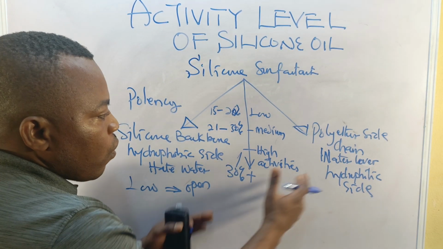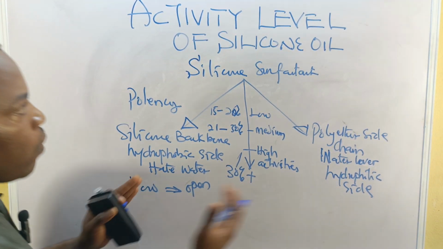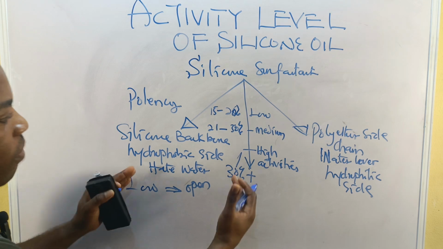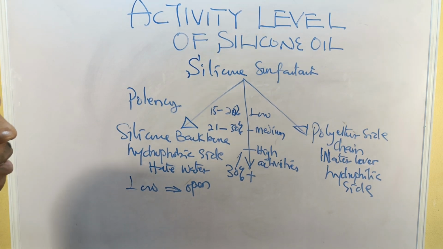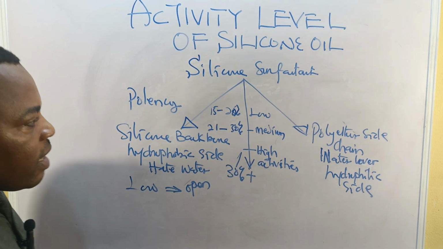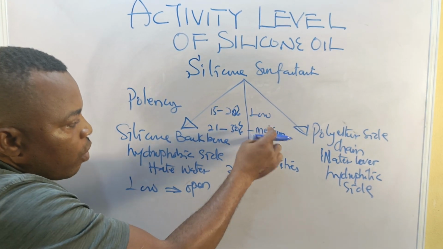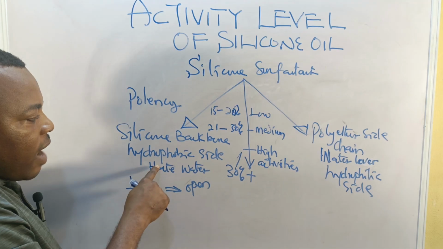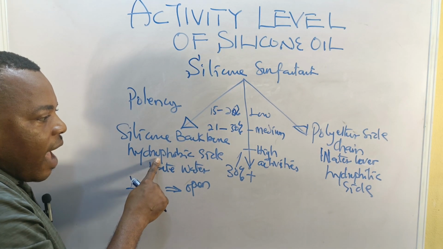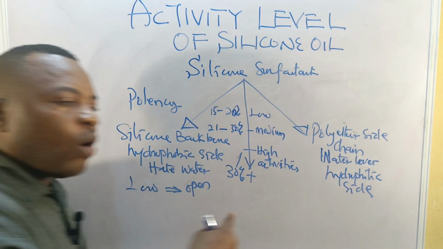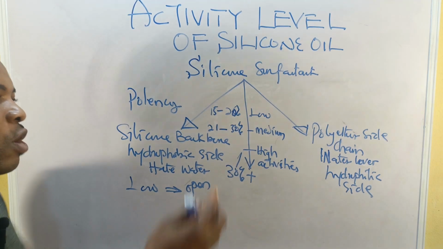Don't be far from this. So this is how the activity level of silicones is designed. And in this low, medium, high density, the hydrophobic side and hydrophilic side are not the same in terms of percentage, so they vary.